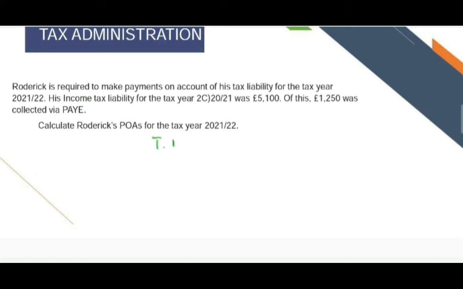This is total tax liability, which was 5100 for the previous year, less Pay As You Earn, that is 1250. The remaining amount 3850 would be your relevant amount.